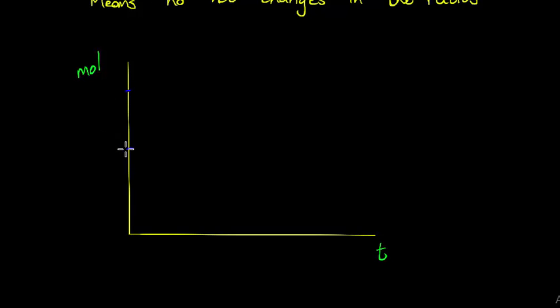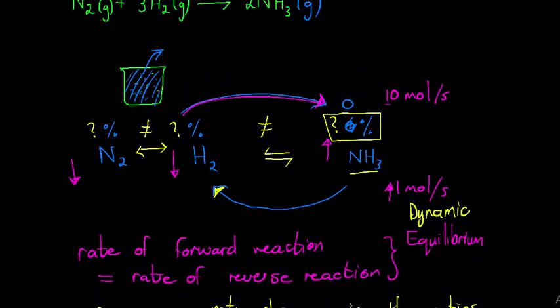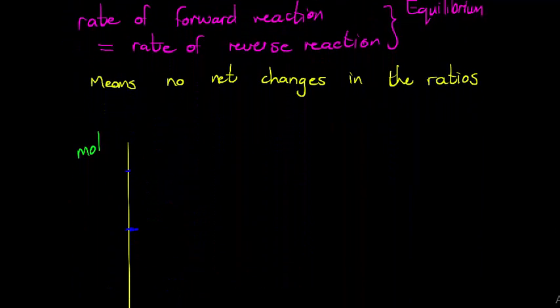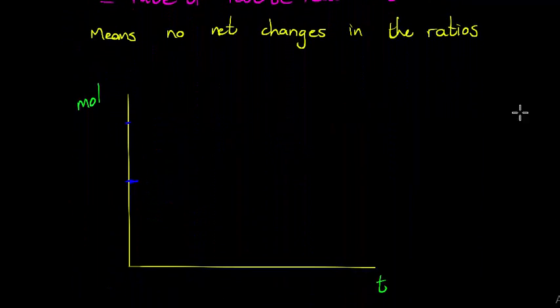Actually, let's make nitrogen lower. This is my nitrogen in blue, and in this reverse reaction, for every one nitrogen we need 3 hydrogens. So obviously the quantity of hydrogen would be more, so it would be here. That's where we would start that one, and then in the beginning of my reaction I will have absolutely no ammonia.